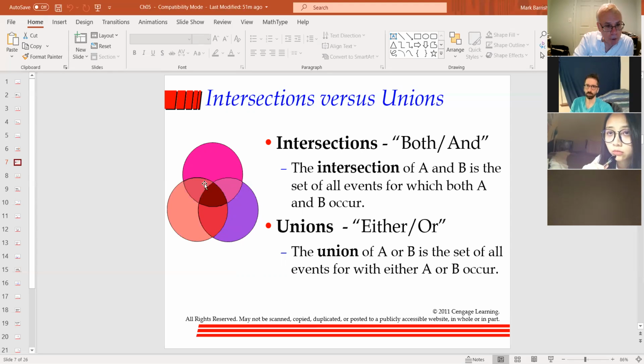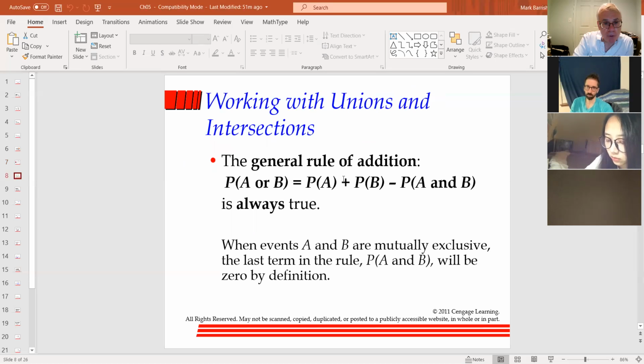And this is the general rule for addition, where two events do intersect, we subtract off the double counting. And of course, if events are mutually exclusive, this doesn't exist, right? It's 0. Their circles don't intersect. There's no intersection.